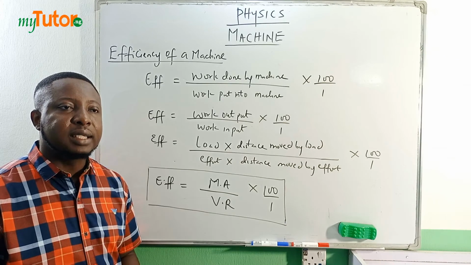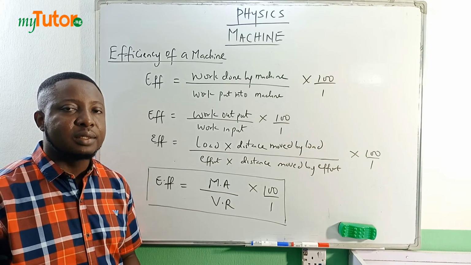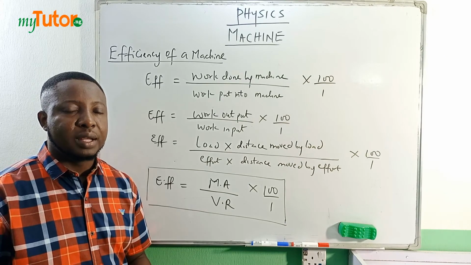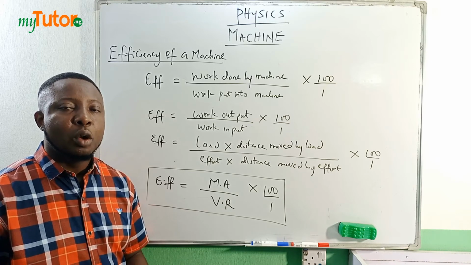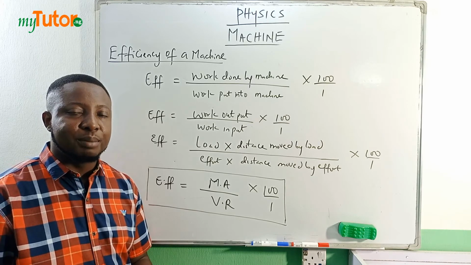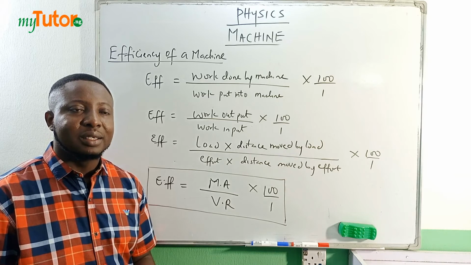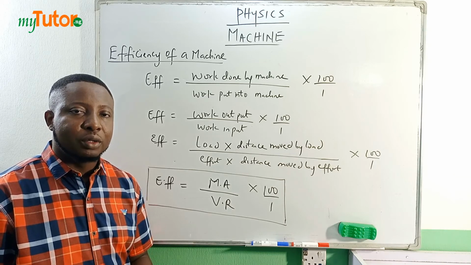A machine that has an efficiency of 100% is said to be a perfect machine or an ideal machine. But we know that there is no machine that has an efficiency of 100%.